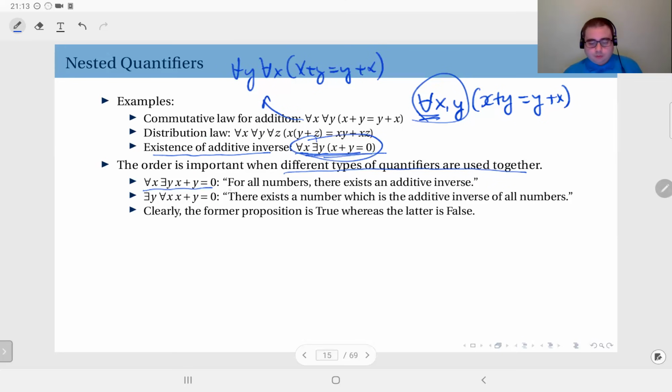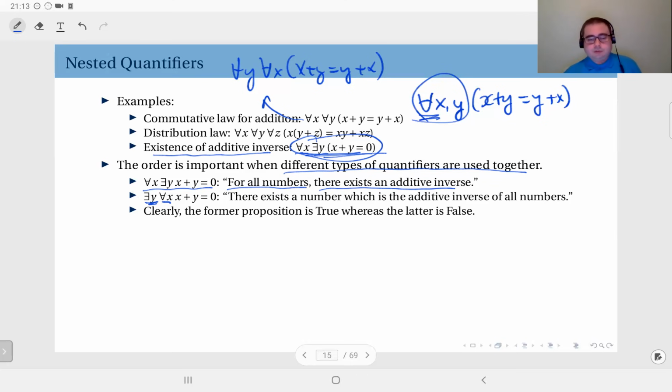What it says is for all numbers, there exists an additive inverse. If you switch the quantifiers and write there exists a y for all x, x plus y equals 0, now think about this for a minute. There exists a y such that for all x. Now for all x comes after.